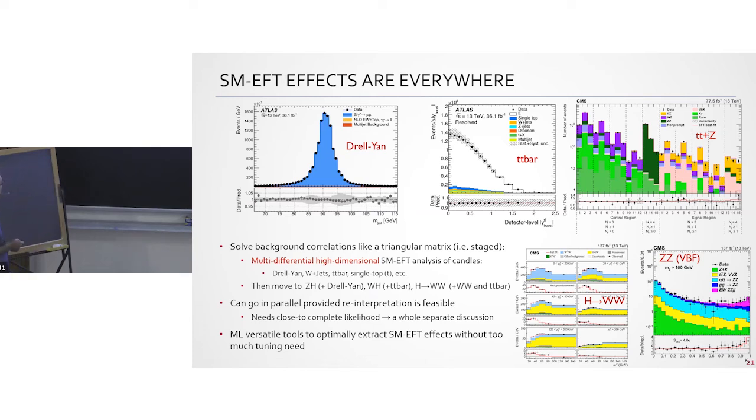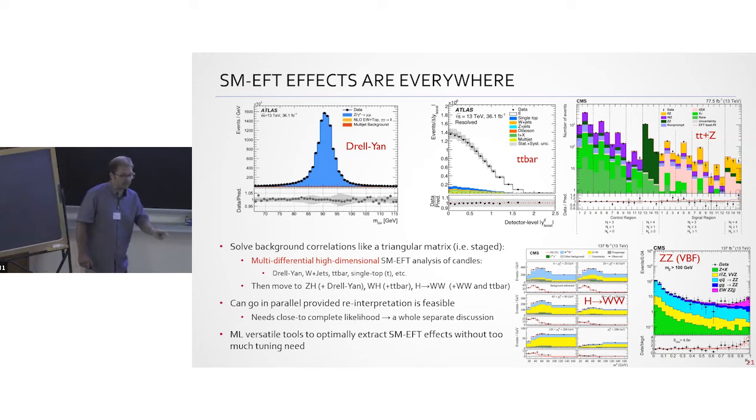One needs to start, I think, with high-dimensional analysis on the standard model candles, because that's what we always do. When we turned on the LHC, we were not searching for supersymmetry; we were assessing that there is a top quark, there is a W boson. We compare this.